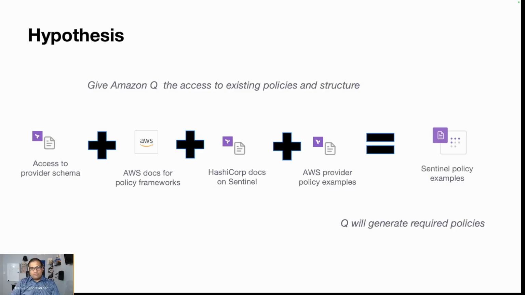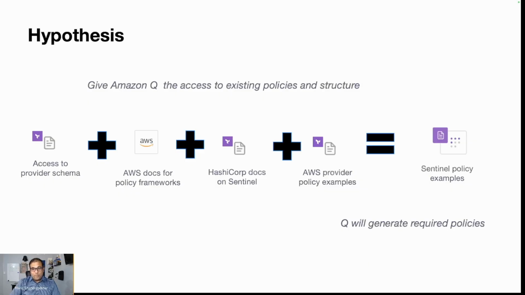And I feel like the first three things that I'm supplying are either documentation or existing provider schema and things like that. The world has moved or changed a lot from the time I started working on this.